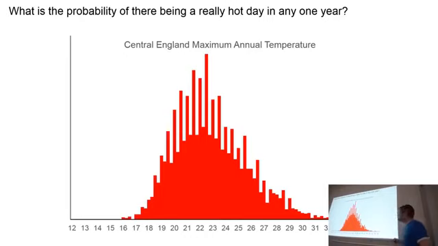Sometimes the warmest day of the year is really cold, 17 degrees C. Sometimes the warmest day of the year is really hot. Usually the warmest day of the year is somewhere around 23 degrees Celsius in central England. But sometimes you get a really hot one, and this is the thing that does the damage.